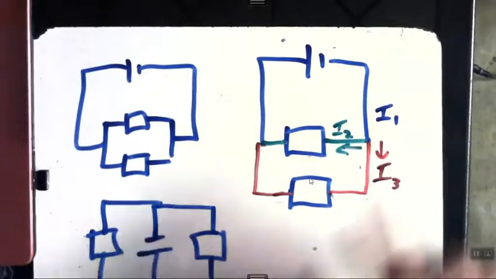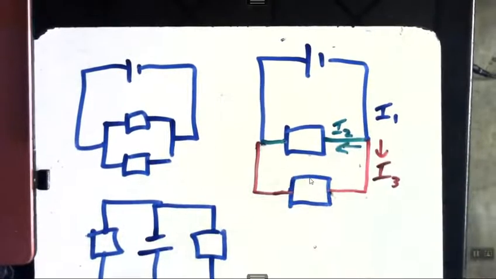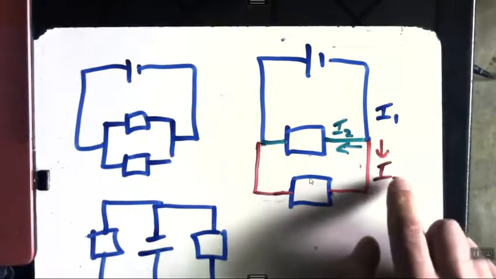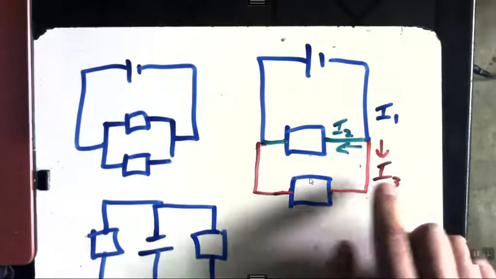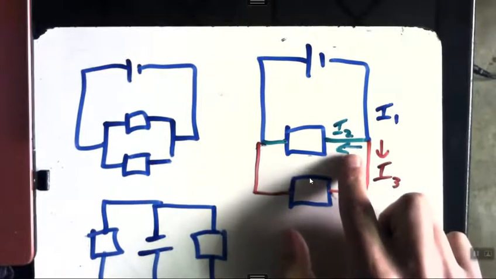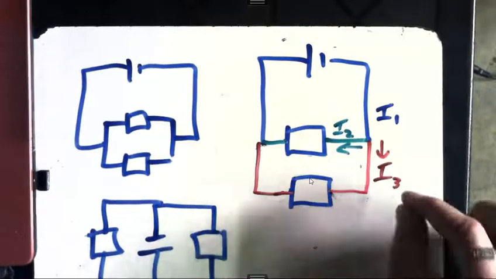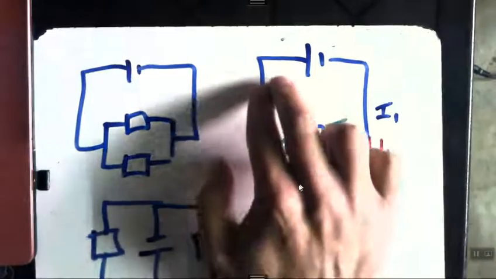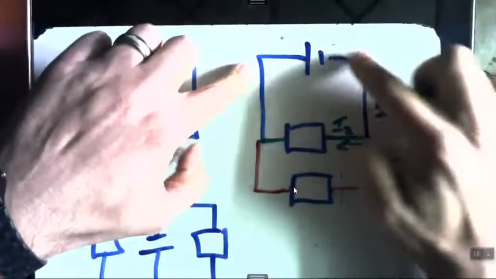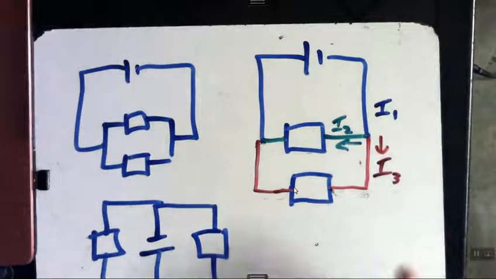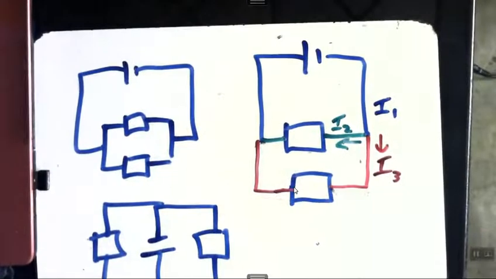So let's say there are 20 electrons flowing per second. 10 of them go along this road and 10 of them go along that road. Then we have the current splitting up, and then they come together again here. So from here, together, separated, come back together again. Anywhere in blue, we have the total current, but here we have the current separated.